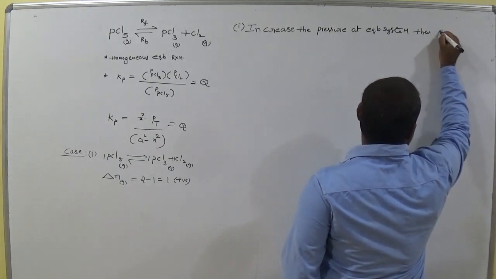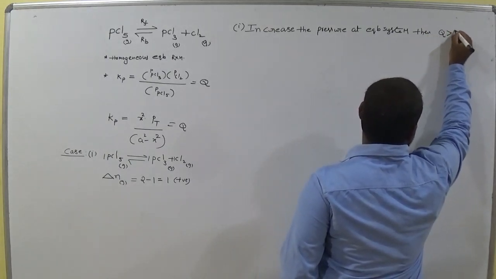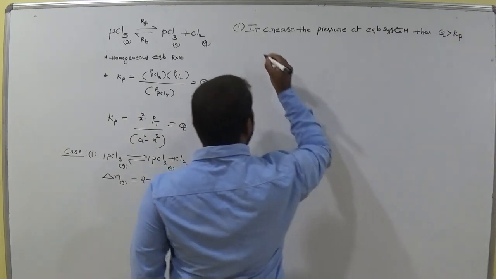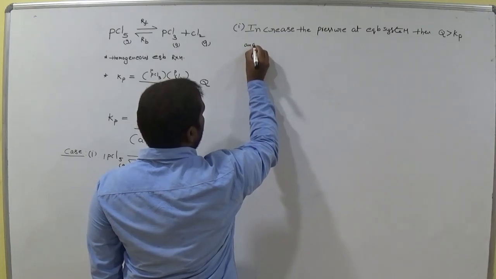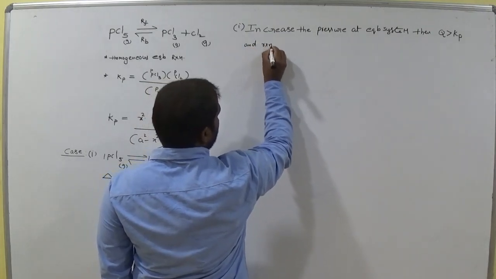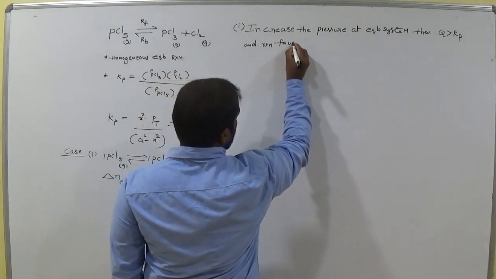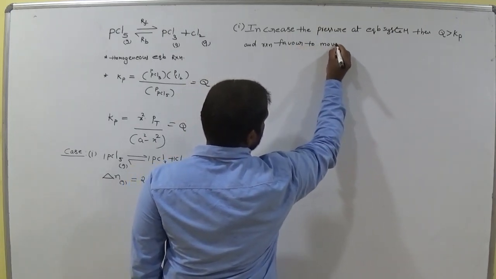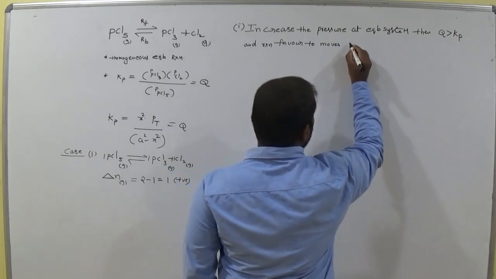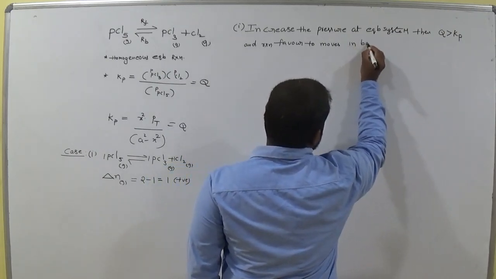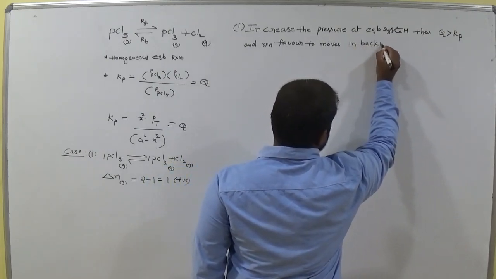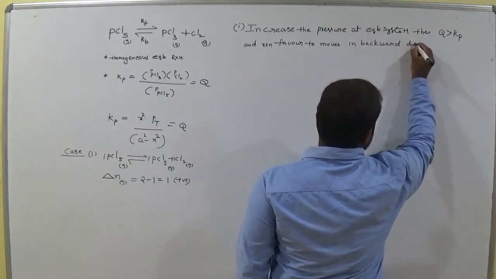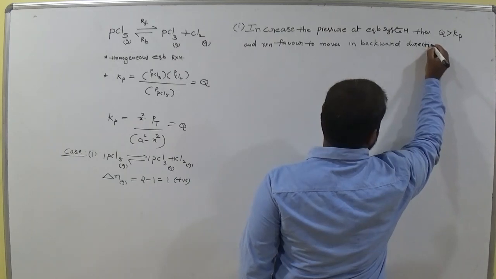Then Q is greater than Kp, and the reaction moves in the backward direction. Which direction? Backward direction. Am I right?